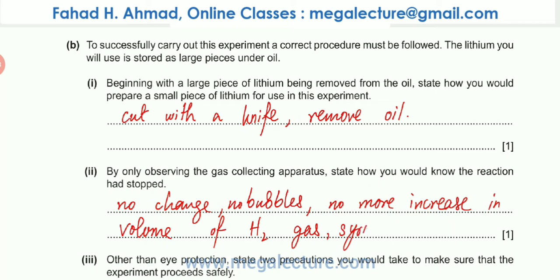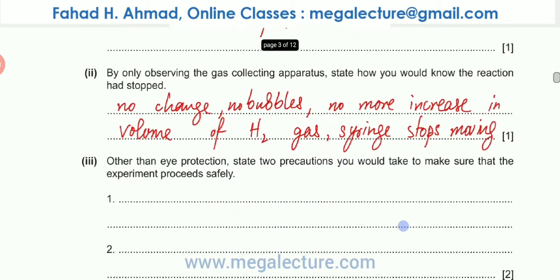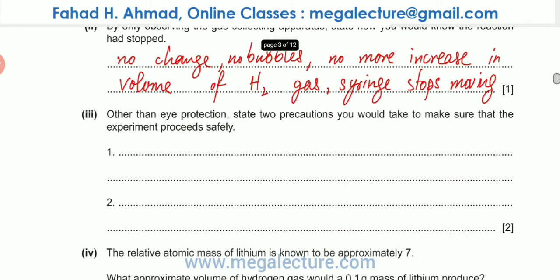The syringe is going to stop moving. Anyways, that's only a 1 mark question, so you just have to give one reason. So if you add lithium to water, you would see bubbles. If the reaction stops, you're not going to see bubbles. That's one way.